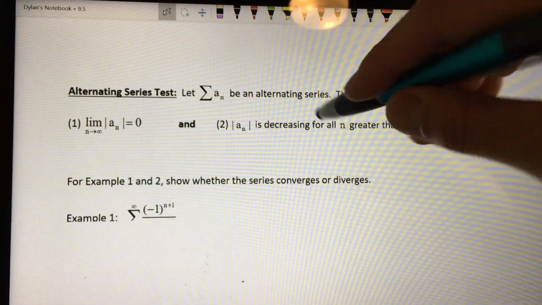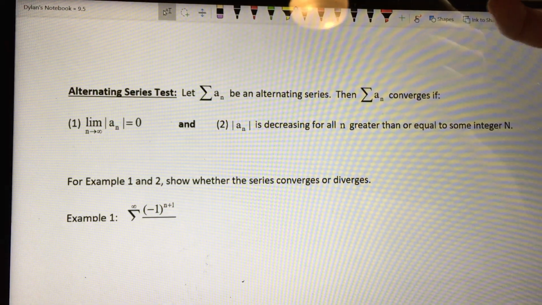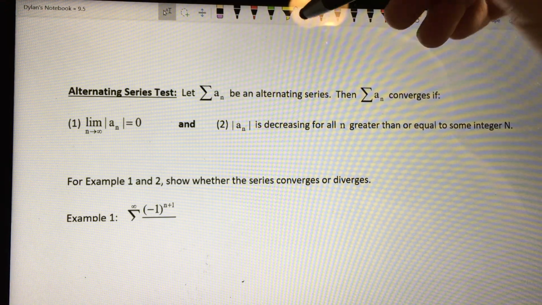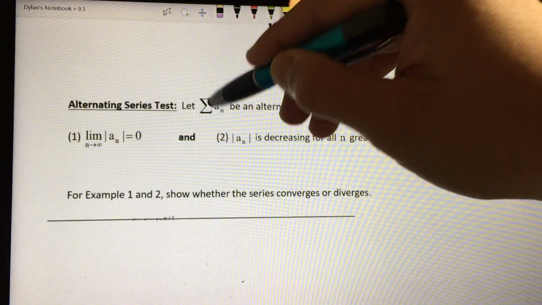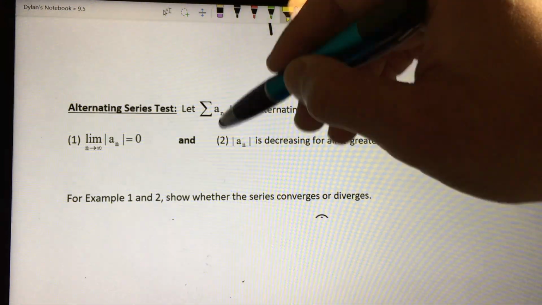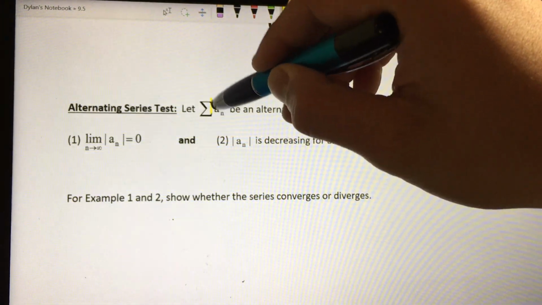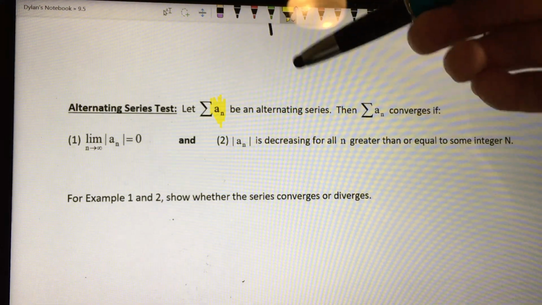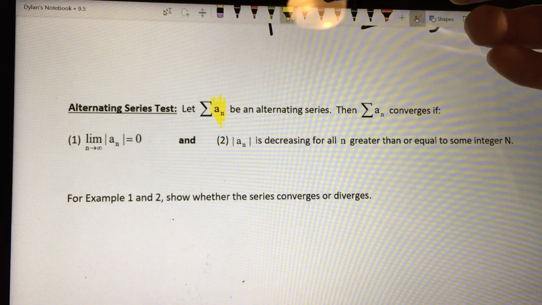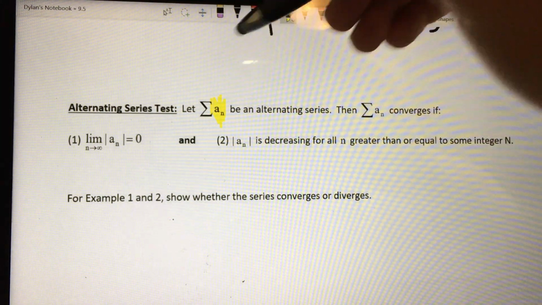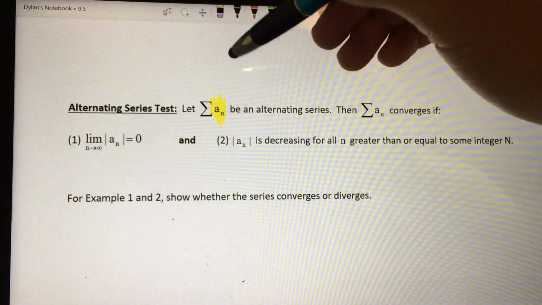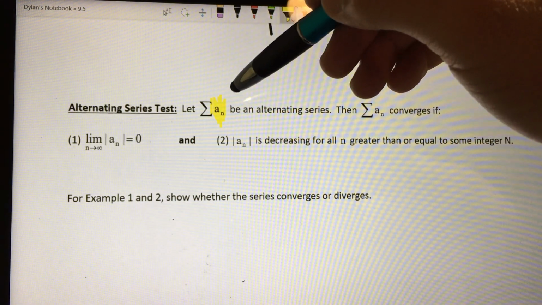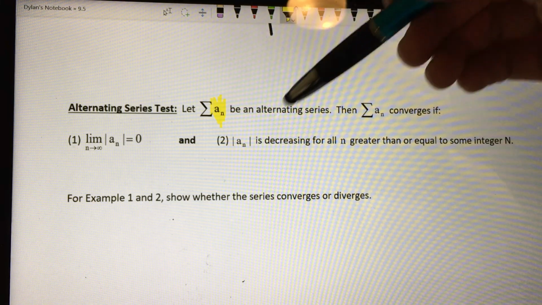So here it is. This is the alternating series test. Now, this test only works with regular a sub n.